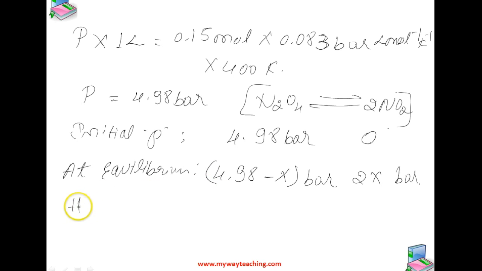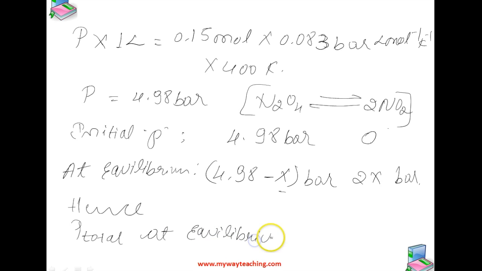Hence, you are considering x. These are the steps which I have explained to you. Hence, P total at equilibrium is equal to P of N2O4 plus P of NO2.